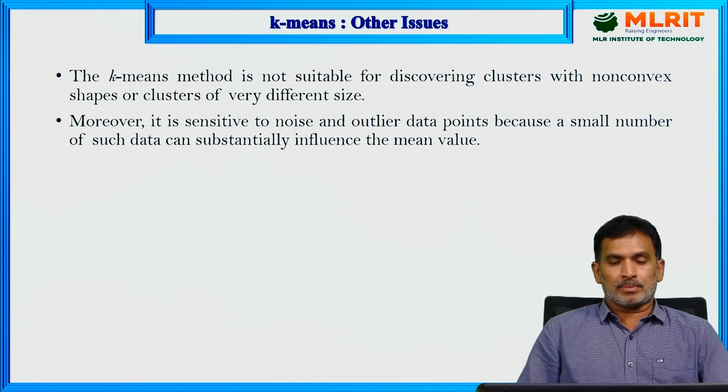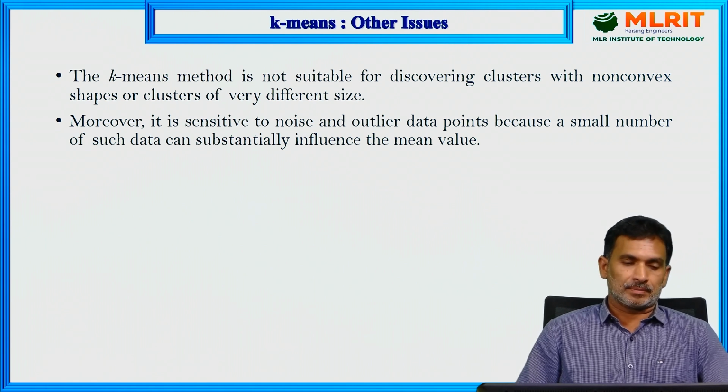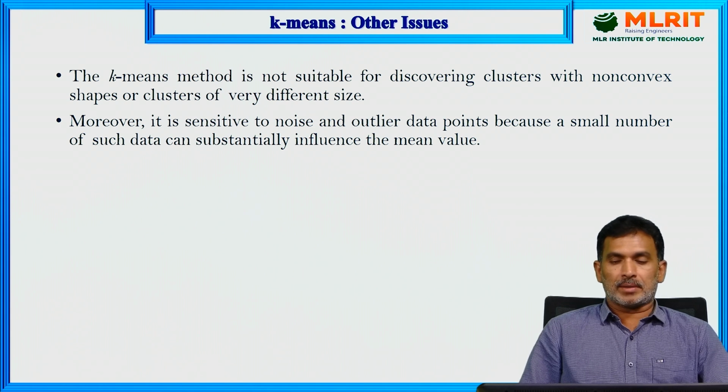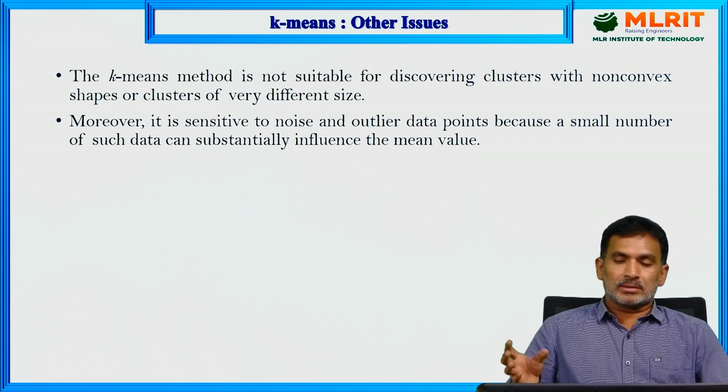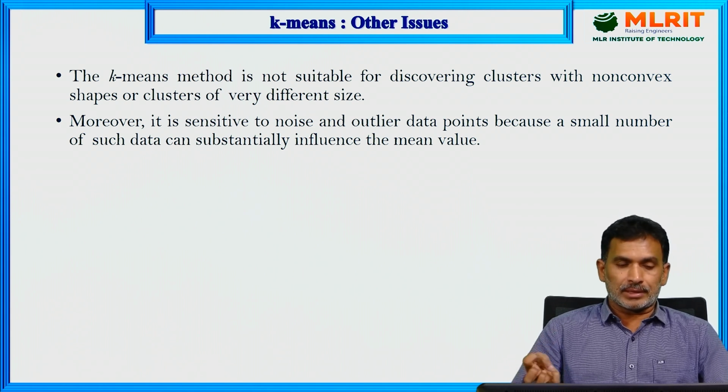The k-means method is not suitable for discovering clusters with non-convex shapes or clusters of very different sizes. Moreover, it is sensitive to noise and outlier data points, because the cluster center is calculated based on the mean value.